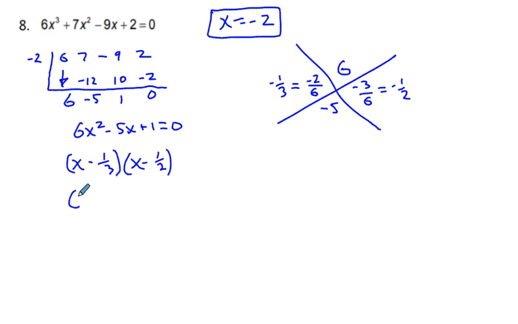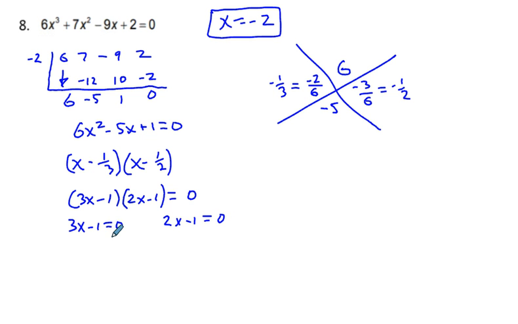We get 3x minus 1 and 2x minus 1. We set these equal to 0. So we have 3x minus 1 equals 0, using the zero factor property, and 2x minus 1 equals 0.